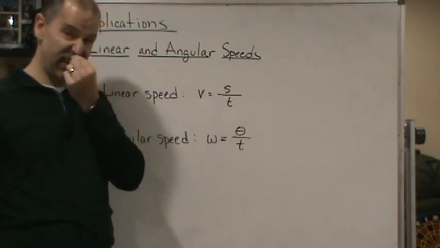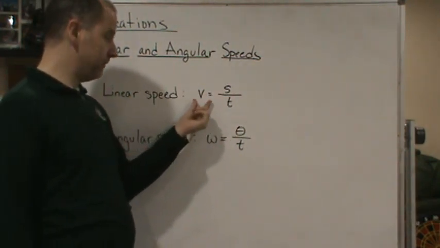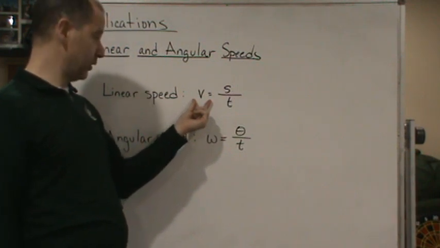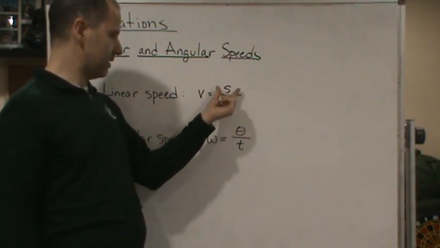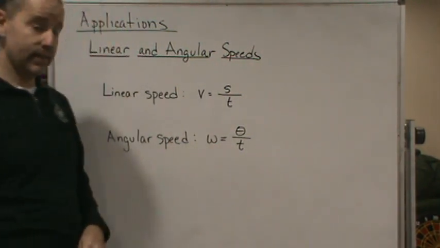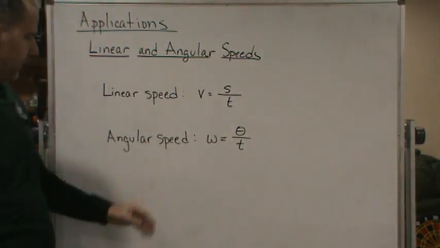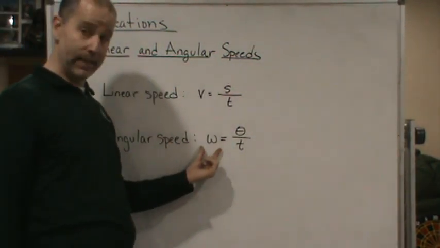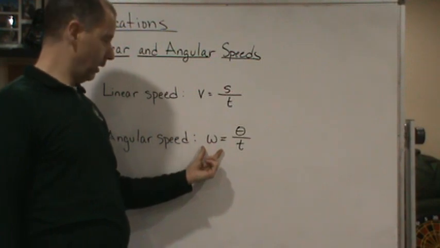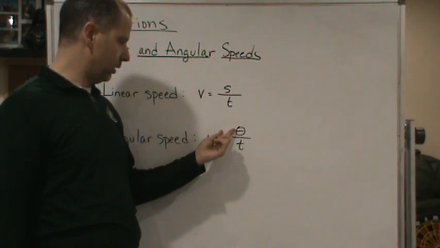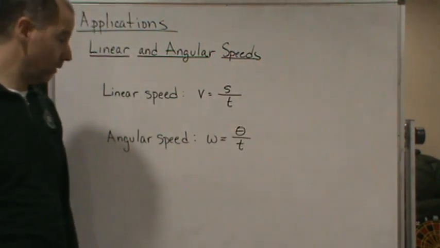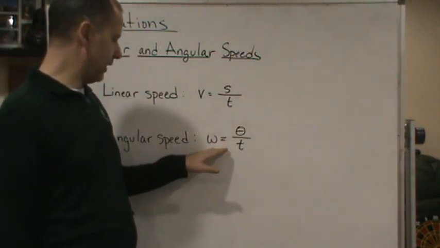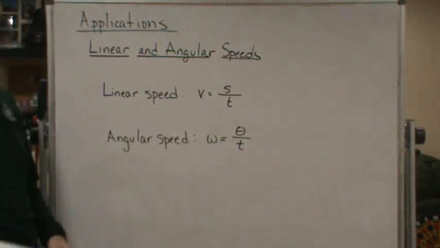Remember, S here is not speed. V is the linear speed, and it's arc length divided by time. Angular speed is represented by omega, lowercase omega, one of the Greek letters, and that's going to be the central angle over time. So that's angular speed versus linear speed.